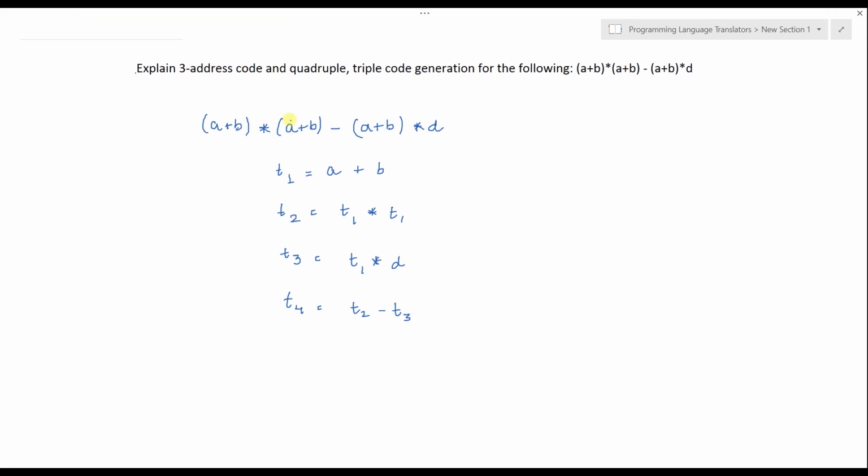So now to generate the quadruple table, we will create a four column table. The first column would be operator, the second column would be argument 1, the third column would be argument 2, and the fourth column would be result.